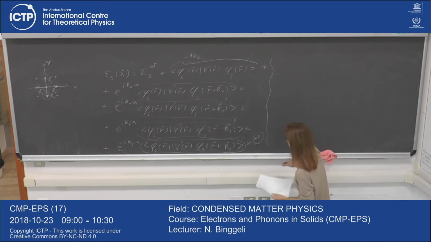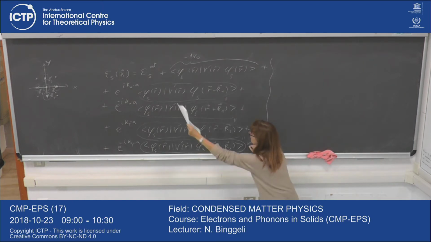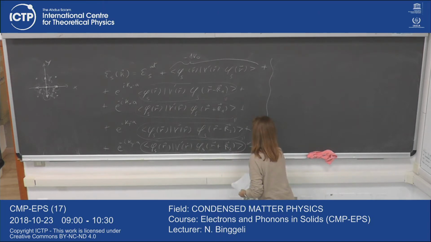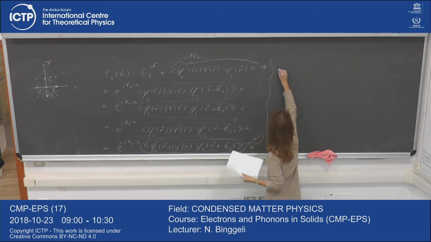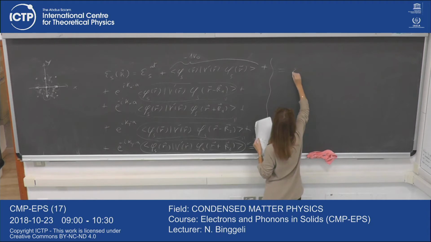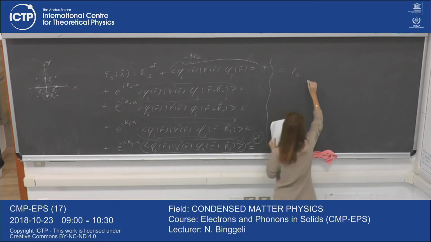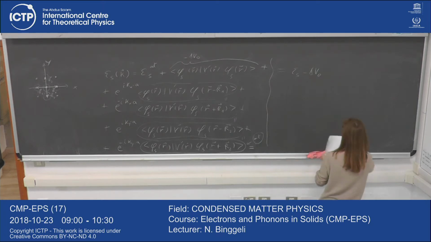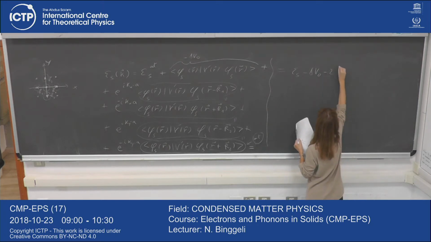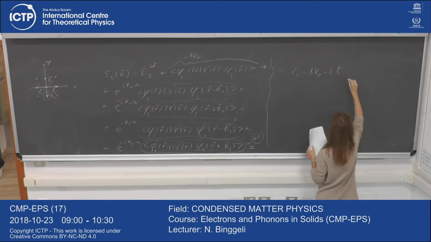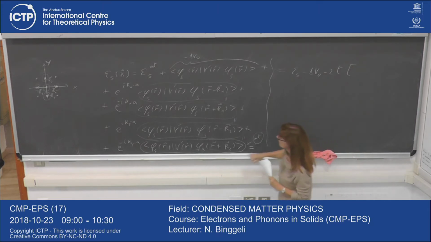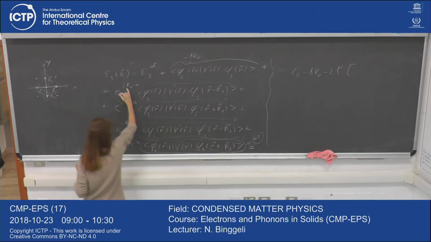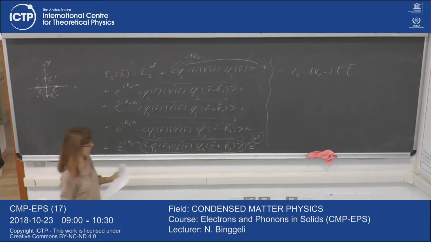So in the end, my epsilon S of k here will be equal to the atomic energy plus the shift, which is negative, minus 2t times, if I sum these two terms, I get 2 cosine.